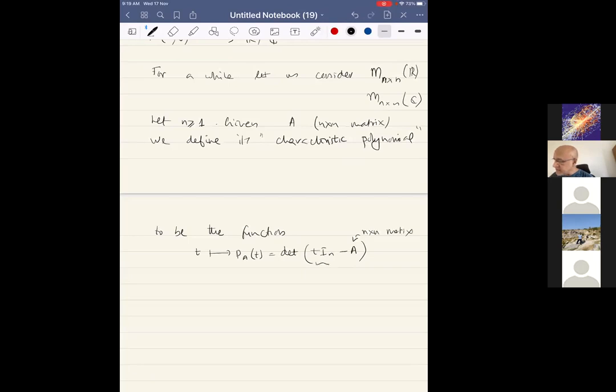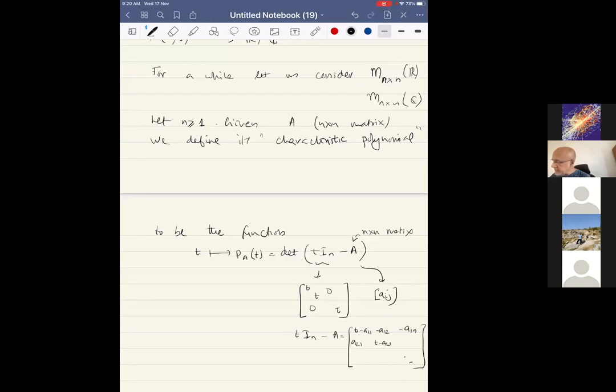This I_n is just the matrix with diagonal 1, 1, 1. So if A is a matrix with entries a_ij, then tI_n minus A is the following matrix: t minus a11, minus a12, minus a1n, minus a21, t minus a22, and so on.